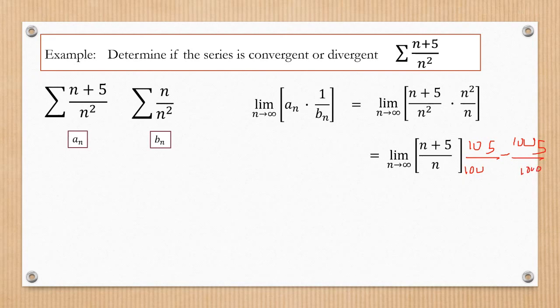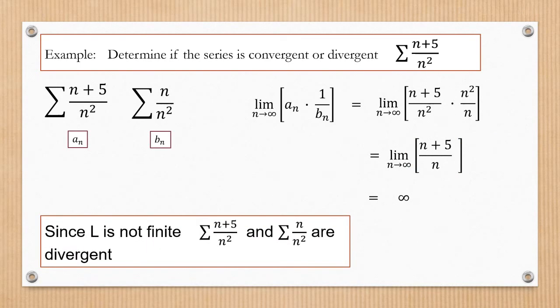As n increases, the value of the fraction also increases. It does not approach a certain value. That is why the limit is positive infinity. Since the limit is not finite, the two series, An and Bn, are divergent.